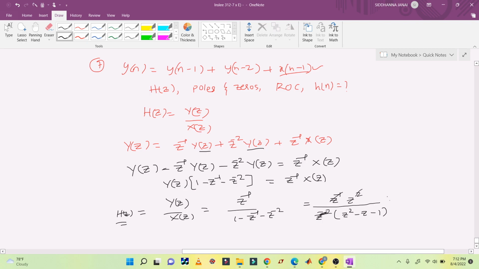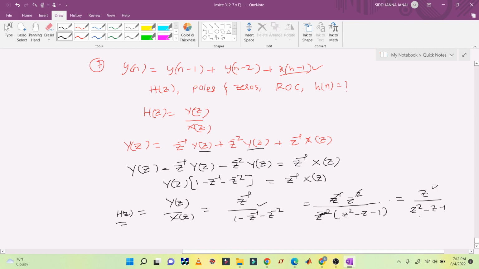So this square and this will cancel out and we will get z divided by z square minus z minus 1. Both the forms are equally correct, this one as well as this one. Since we want x of z, we are writing in this form.